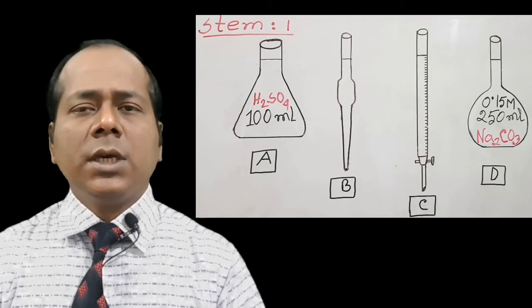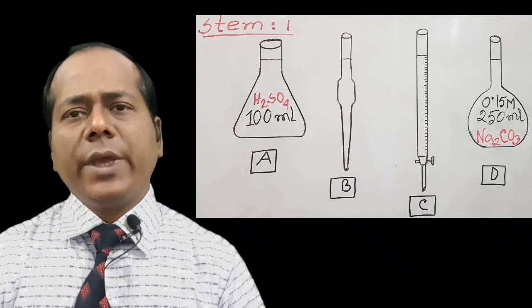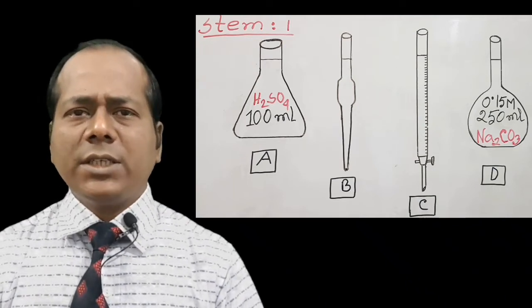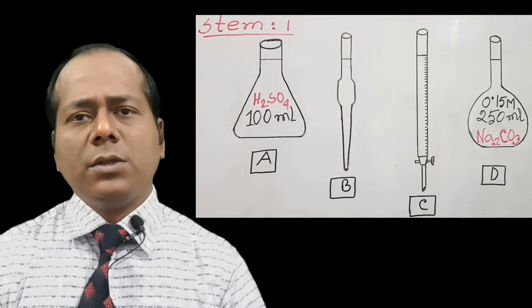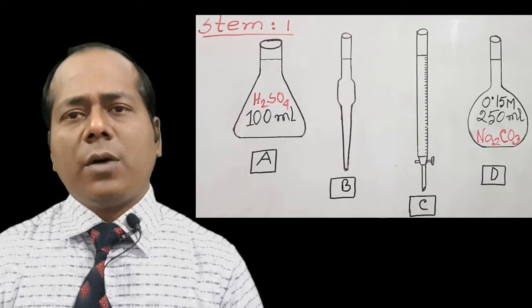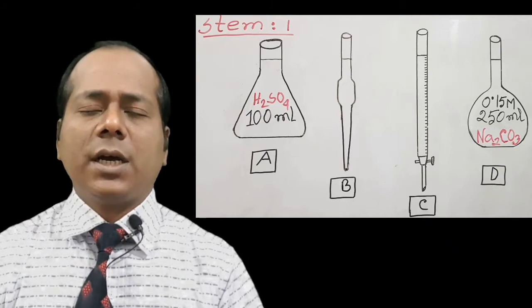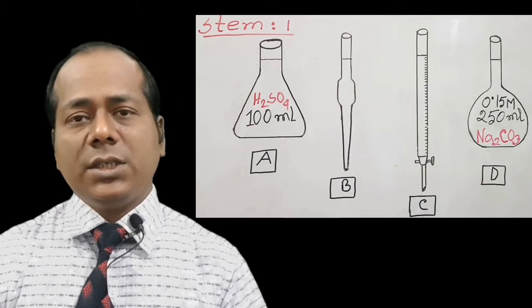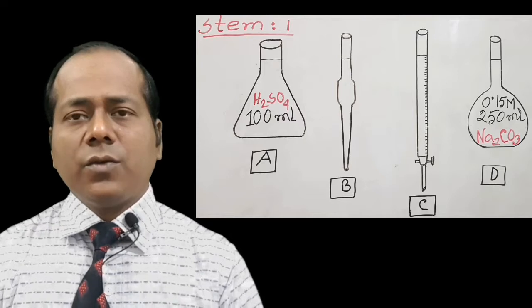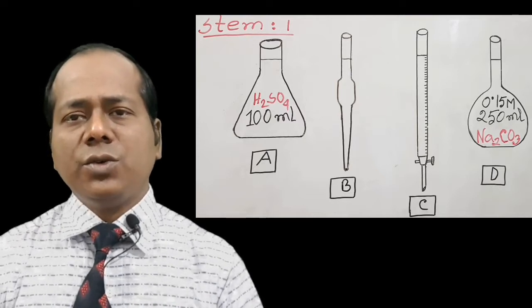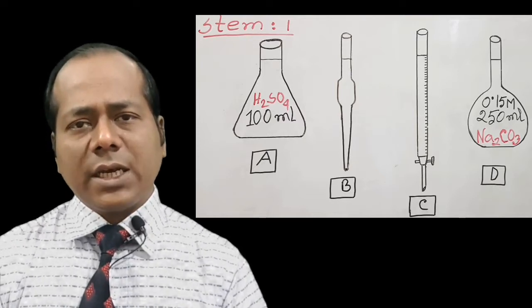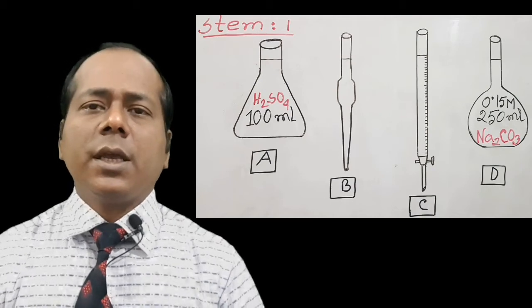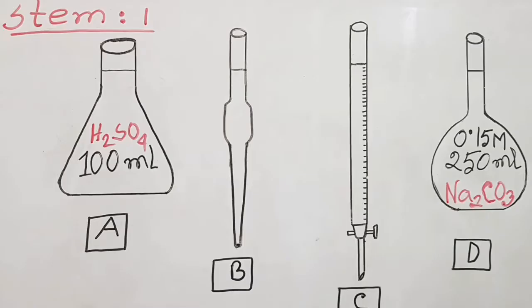Standard solution is taken into it, and in titration, solution is added drop by drop from it to determine the end point. And D is volumetric flask. Volumetric flask is used in volumetric analysis for preparing standard solution.